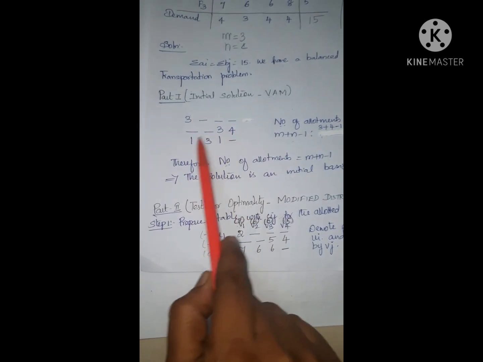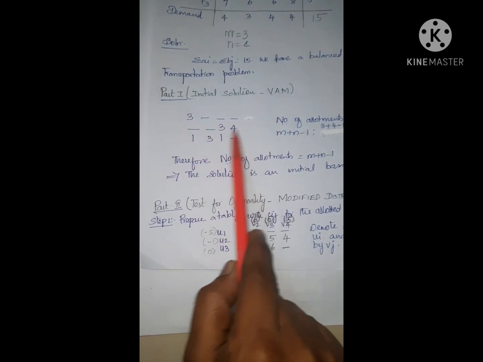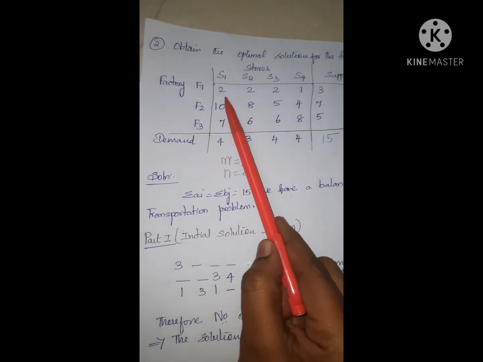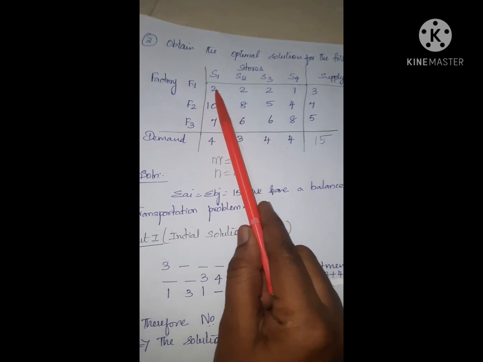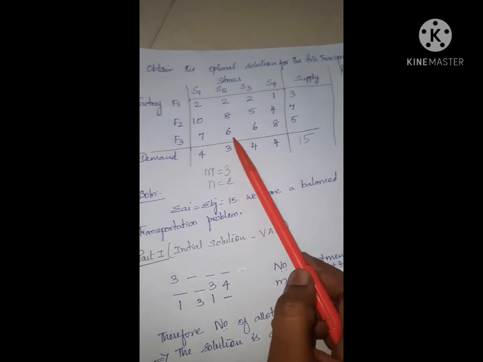Wherever we have an allotment, in the new table, instead of the allotment value, we should write the cost value. What do we mean by cost value? Cost value means the value that is given in our problem.